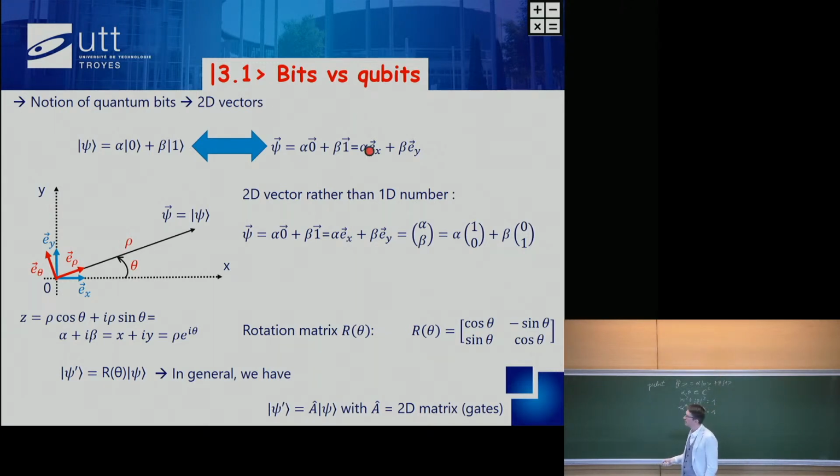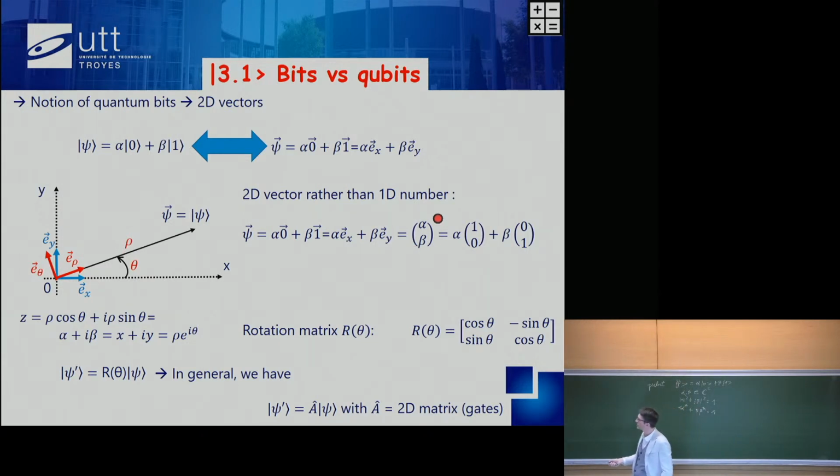So we have a 2D vector now for a qubit, rather than just a 1D number, which is 0, 1. We have a vector, so there are various representations. We will have to use these various representations. This is a standard representation of a vector: you have two coefficients, alpha and beta, and you write it in a vector column.